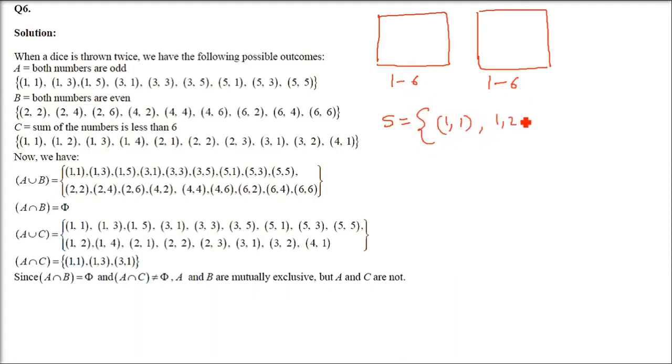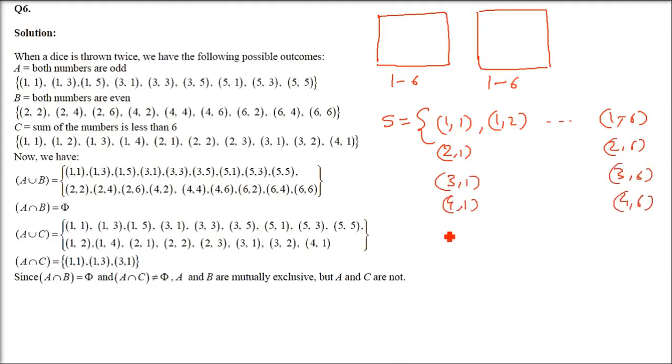So 11, 12, 13, 14, 15, 16. Then 2 in the first one, 21, 22, 23, 24, 25, 26, then 31, 32, 33, 34, 35, 36, then 41, 42, 43, 44, 45, 46, then 51, 52, 53, 54, 55, 56, 61, 62, 63, 64, 65, 66. So 36 elementary events will be there.